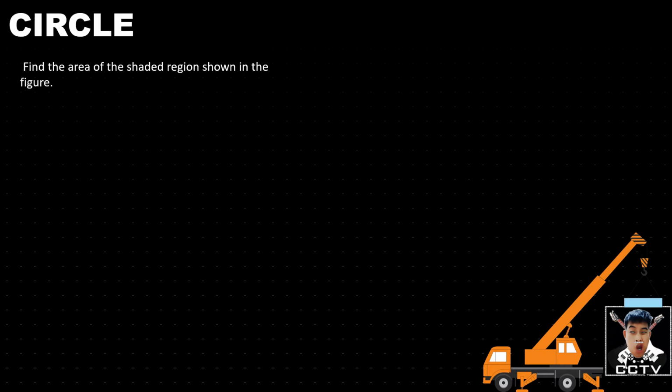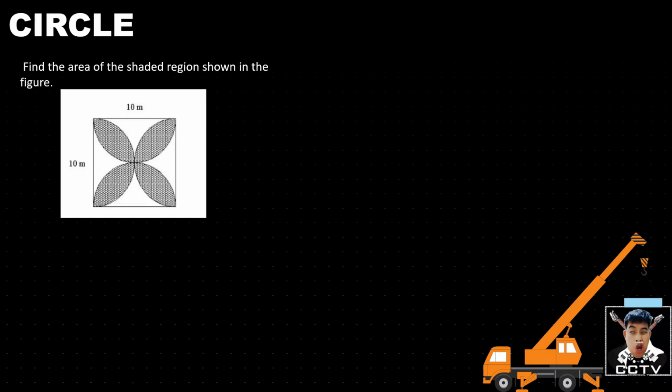Another example, find the area of the shaded region shown in the figure. Ito yung figure. Ito yung choices natin. Buuin mo lang yan. Baka lang right triangle dyan pag ganito yung figure na nakita mo. And then, ito yung mabubuong figure. Ito yung right triangle na nilagay mo.